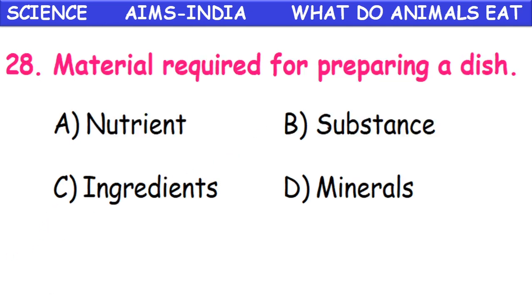The material required for preparing a dish: nutrient, substance, ingredients, minerals. What are the ingredients required for the preparation of upma? Okay, ingredients.